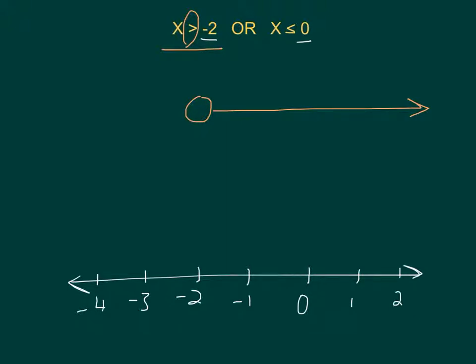I look at my other inequality, x is less than or equal to 0, and I know I'm going to have to fill in my circle this time, because it could be equal to 0. Then I look at which way it's going. I draw an arrow in that direction.